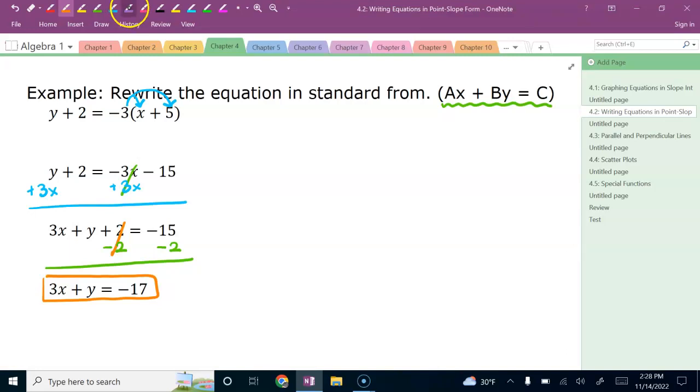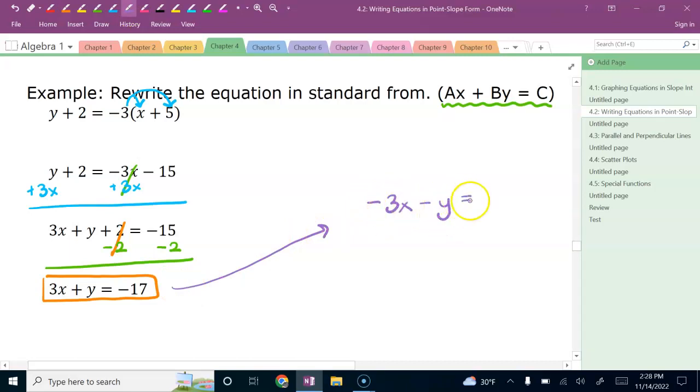So if this had started out like negative 3x minus y equals 17, I would need to pull out the negative, or basically switch all the signs here, and have it say 3x plus y equals negative 17, which is what I had. So you just want to make sure that that beginning term is positive.